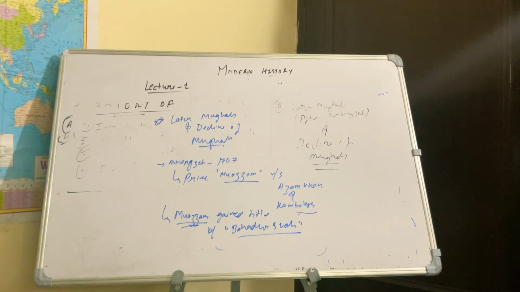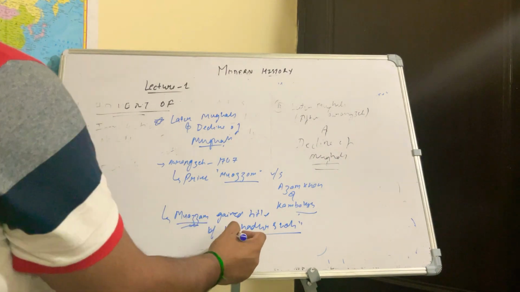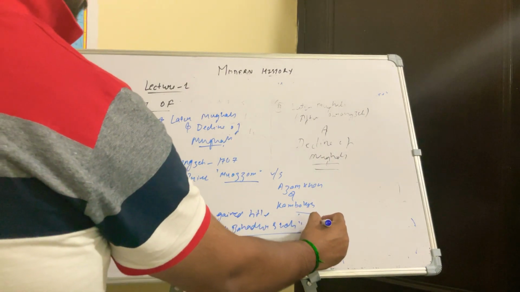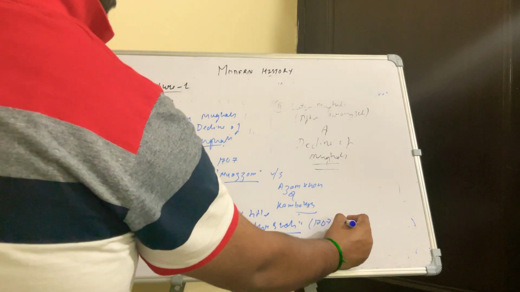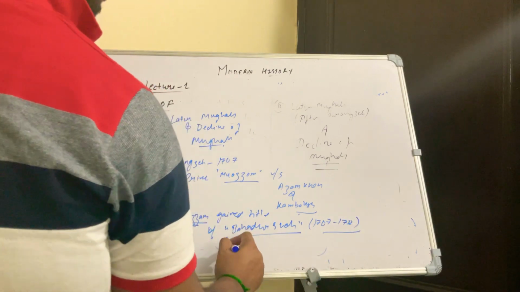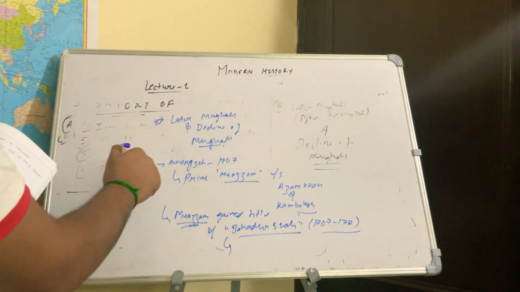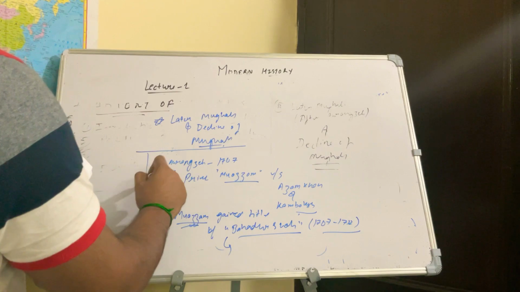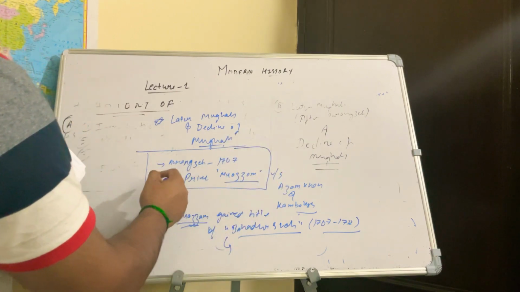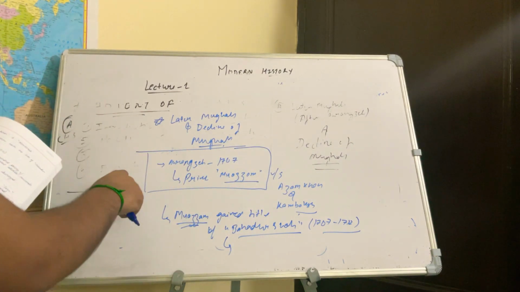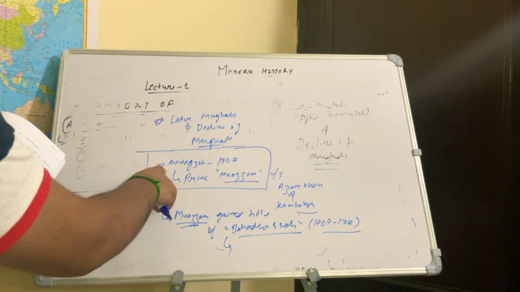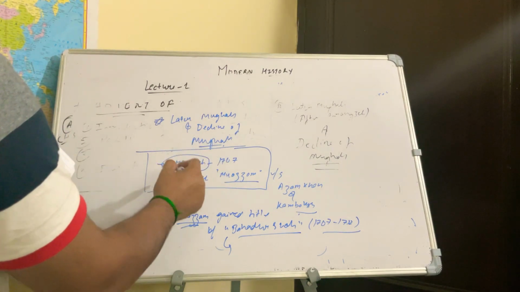So you can write a subheading named Bahadur Shah, 1707 to 1712. This was a normal preface, where we ended the ancient and medieval history from Aurangzeb onwards.